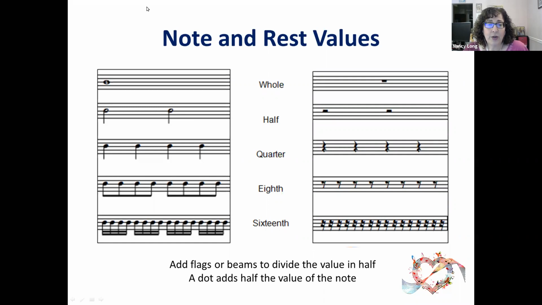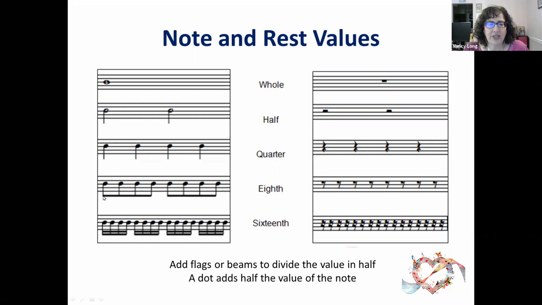One line down from there, we have quarter notes, and each of those is 1 beat, and 4 of them add up to equal a whole note, and 2 of them add up to equal a half note. And down in the next line, we have eighth notes, and that's where we have added what we call stems, or we also can add a flag.